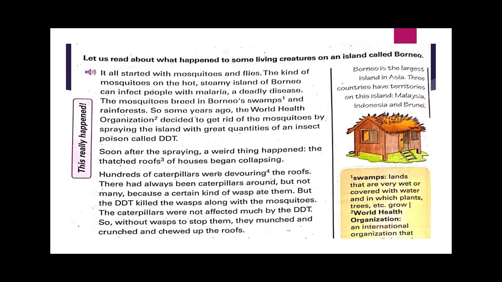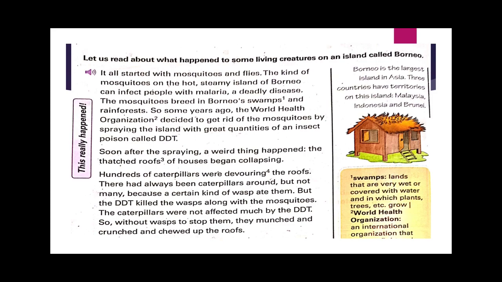The mosquitoes breed in Borneo swamps and rainforests. So, some years ago, the World Health Organization decided to get rid of the mosquitoes by spraying the island with great quantities of an insect poison called DDT.